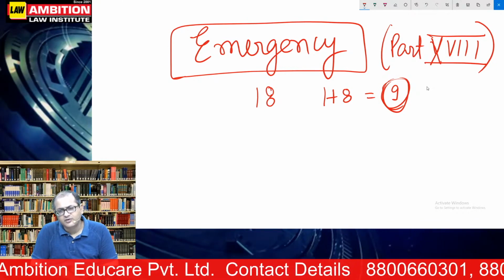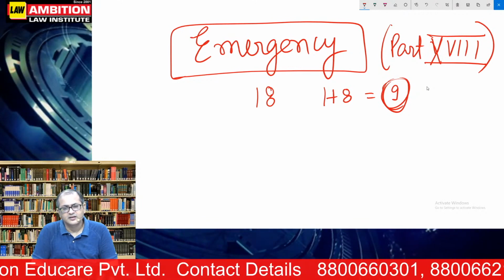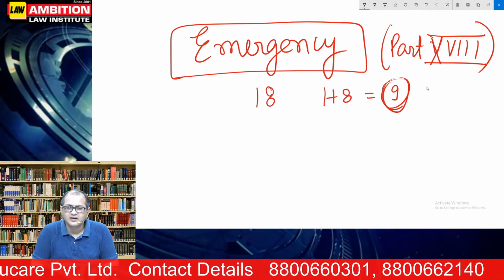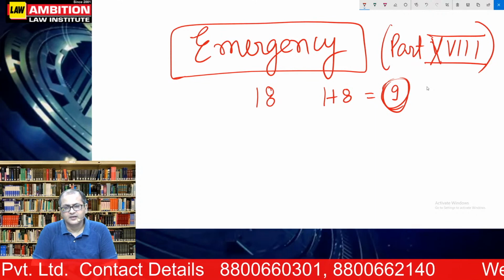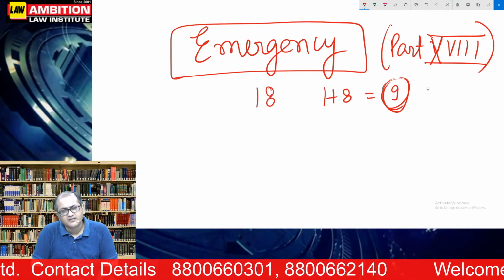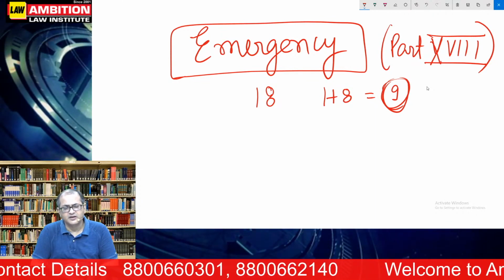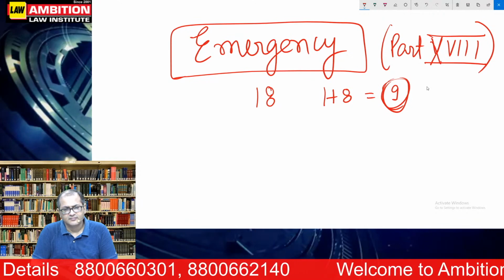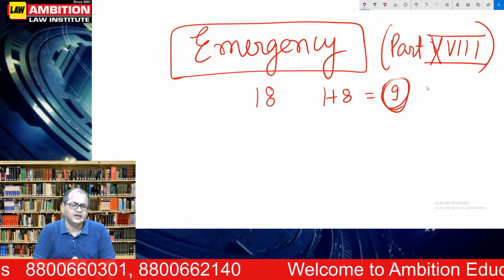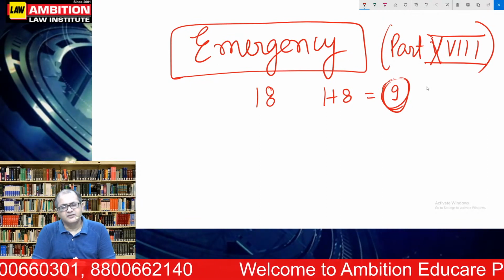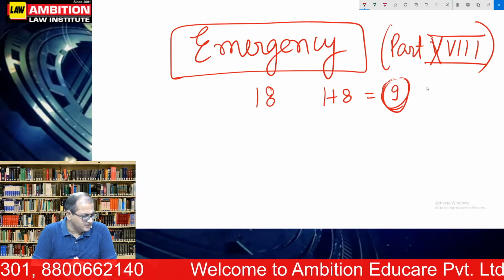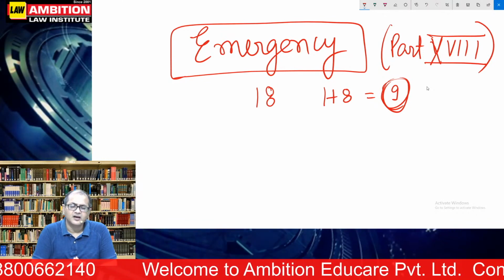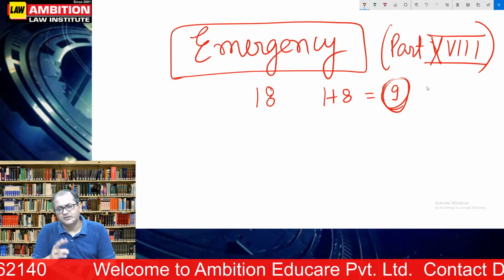Why did we add armed rebellion? Why did we delete internal disturbance? Why did we inject that the written decision of the Union Cabinet is a must? There are many questions within. Why in 356 and 360 is the approval time 2 months?